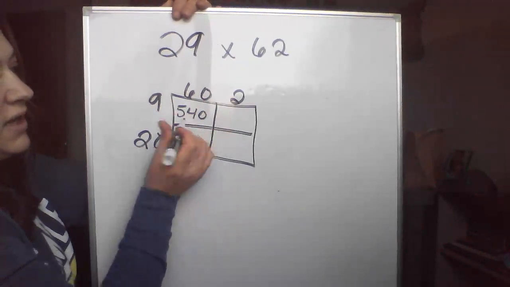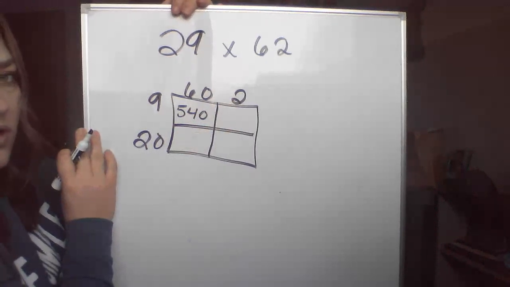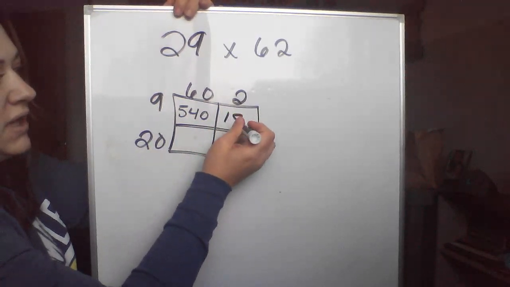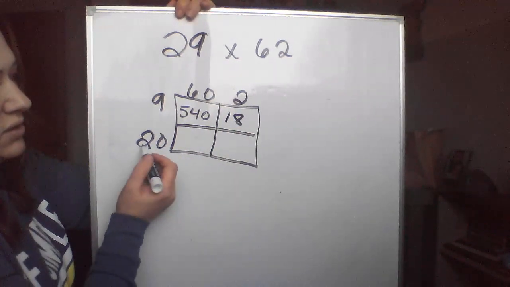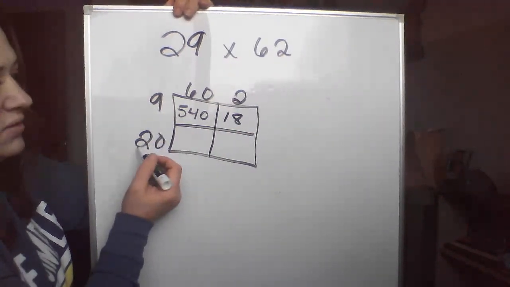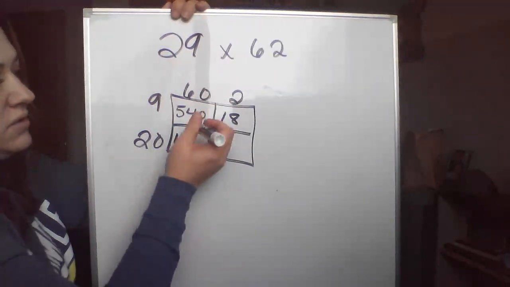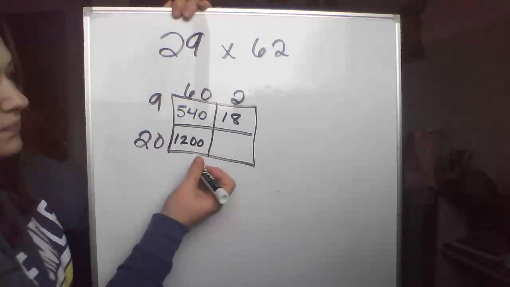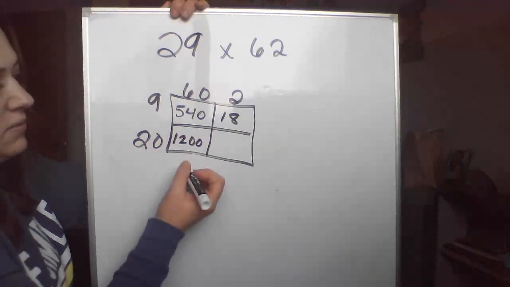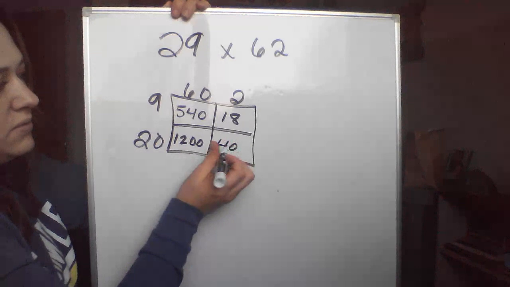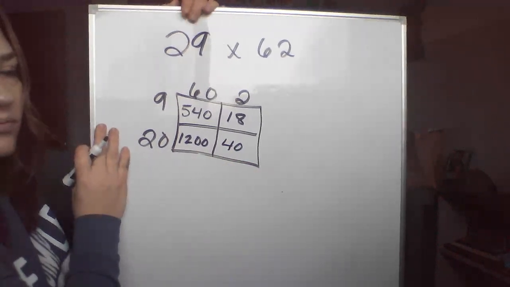Add our 0 back in, 540. 9 times 2, 18. 20 times 60, 2 times 6 gives us 12, 1, 2 zeros. 20 times 2, 2 times 2 is 4. Add our 0, gives us 40.